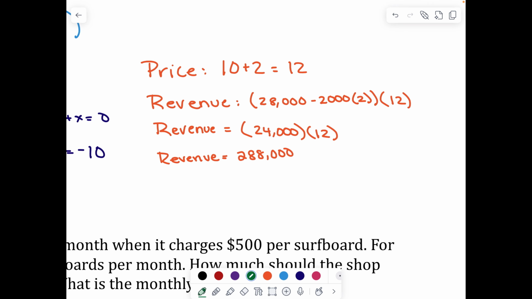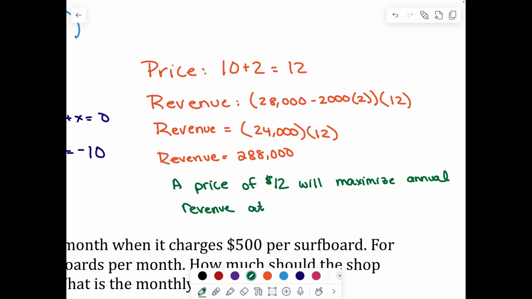So for our final answer, a price of $12, because we have to add that 10 plus 2, will maximize the annual revenue at $288,000.